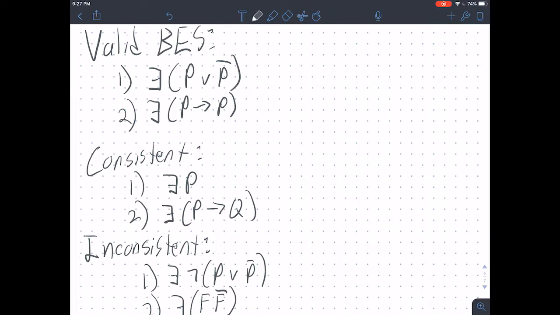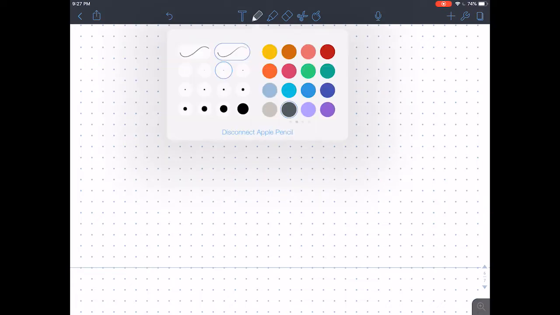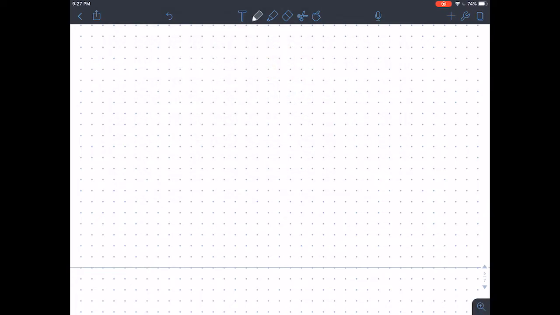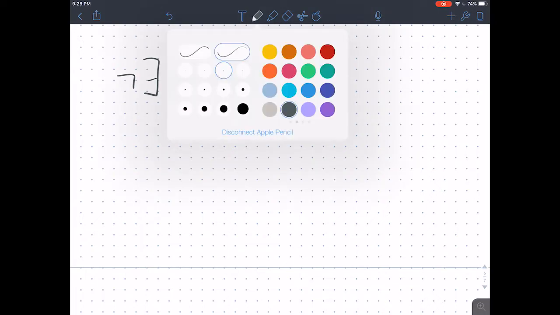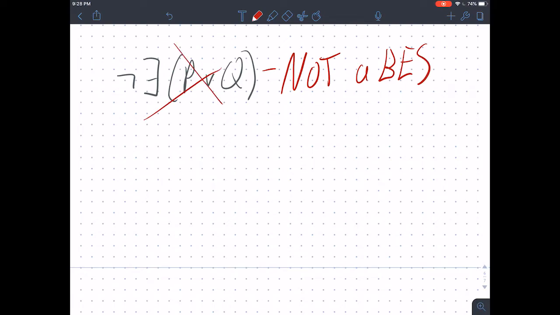Okay? So one thing I have to warn you about, because I made this mistake a bunch when I was first taking this class. So this is not a Boolean existence schema. No, bad, right?